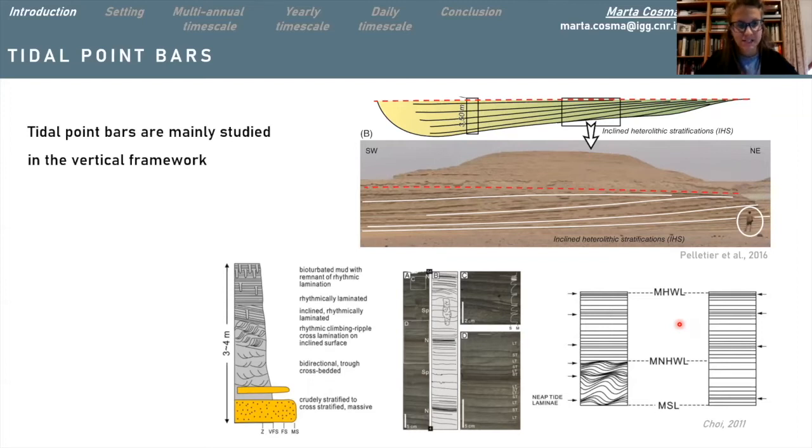However, a lot less attention has been given to the along-bend distribution of sedimentary facies, which can be as important as the vertical trends, considering the complex hydrodynamics of the tidal flow within a meander that I showed you before.